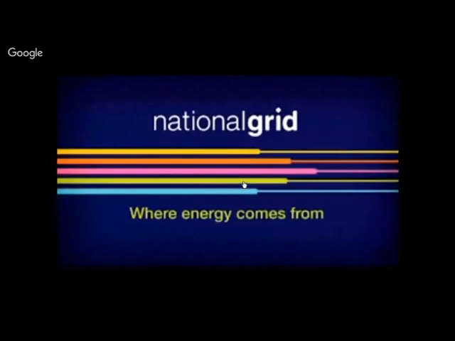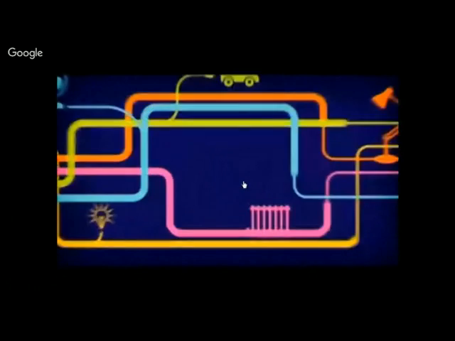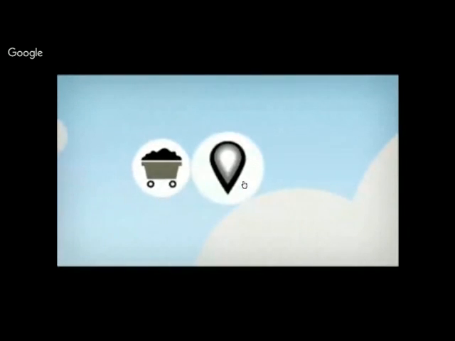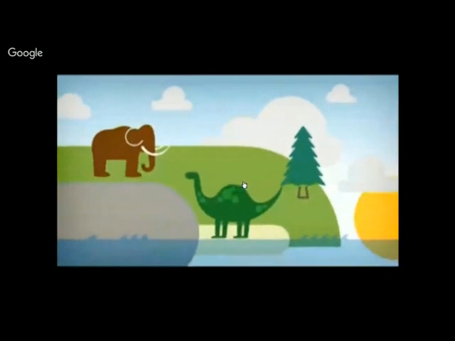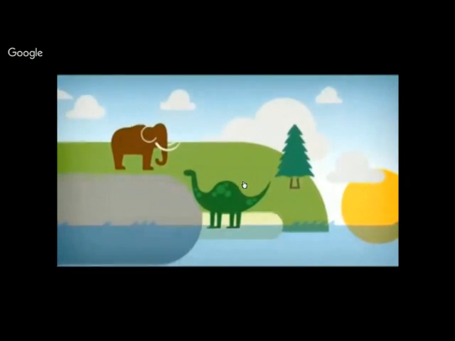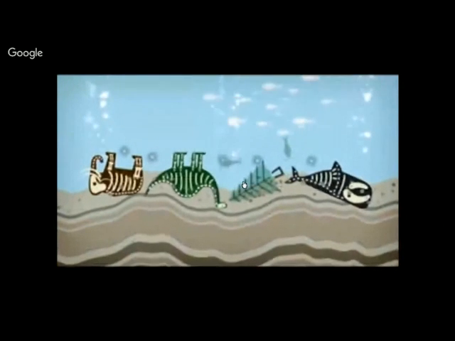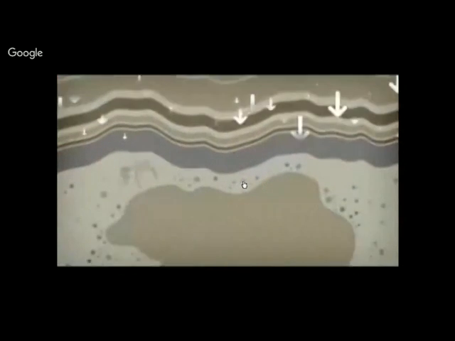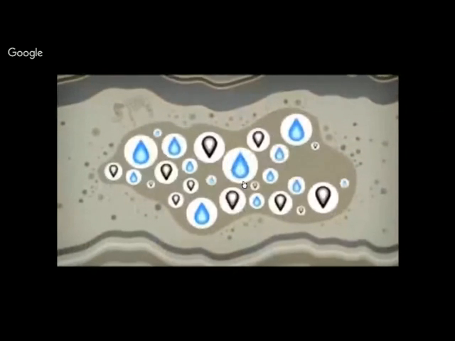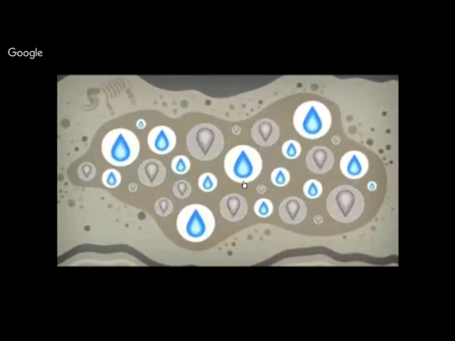Where energy comes from. The three major fossil fuels, coal, oil and natural gas, are all formed from organic remains of prehistoric plants and animals. These remains are subject to intense pressure over millions of years, changing them into coal, oil and gas. We often find oil and natural gas in similar areas, hundreds of meters below the seabed, though gas is usually found deeper still.